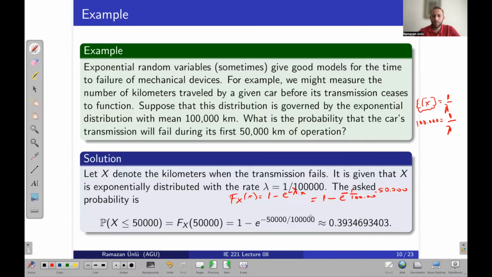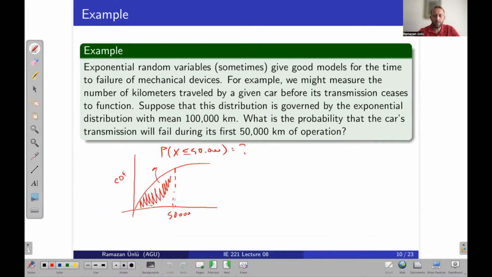If you do that simple calculation with your calculator, you will get approximately 0.39, which is the probability that the transmission will fail before 50,000 kilometers. In other words, that value is the area of that region.